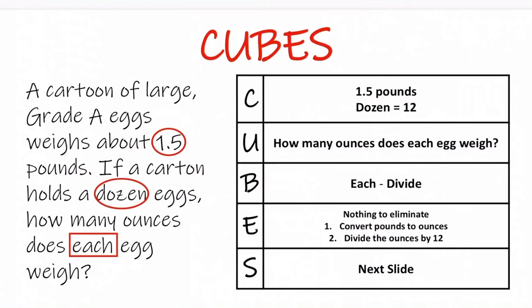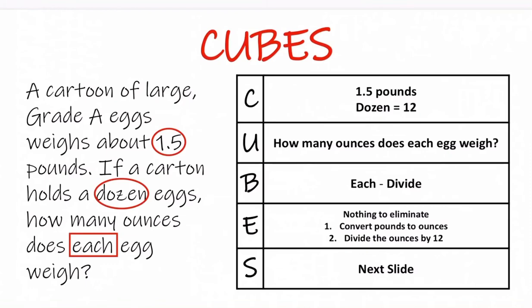So our first step is we're going to convert 1.5 pounds into ounces. And then we're going to take the total amount of ounces of a carton of large grade A eggs and divide it by 12 because we're going to try to find out what one egg weighs, right?